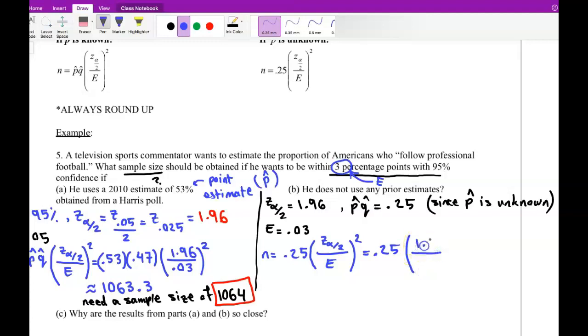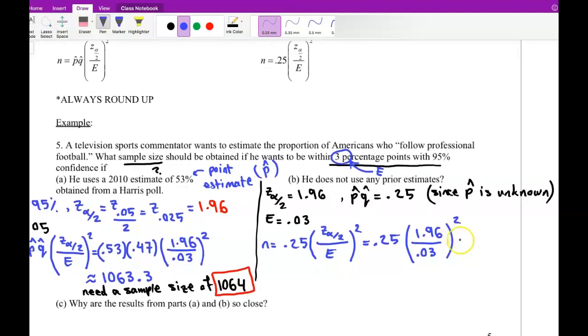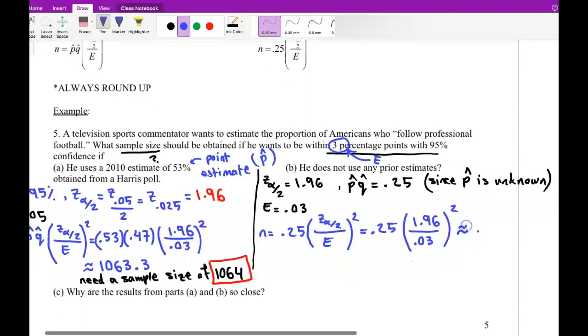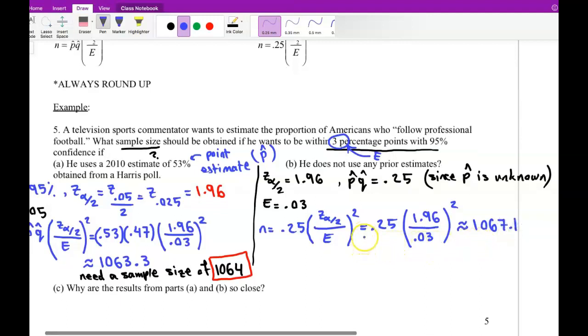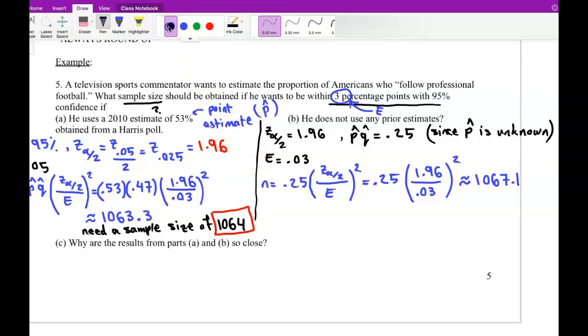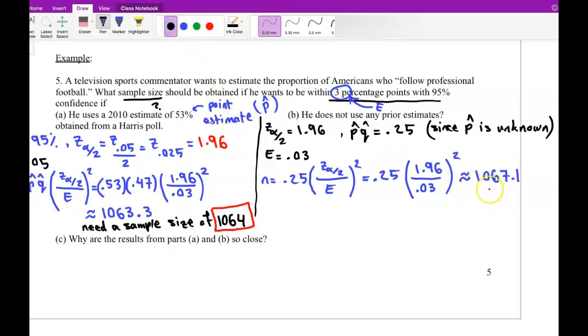On top we have 1.96 divided by error, 3%. Rounding it, the answer is 1067.1. What that means, our sample size here is 1068.